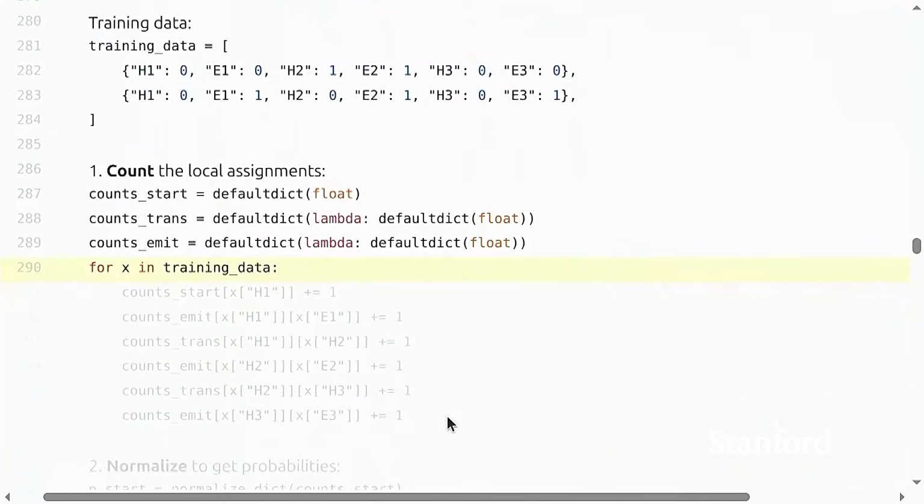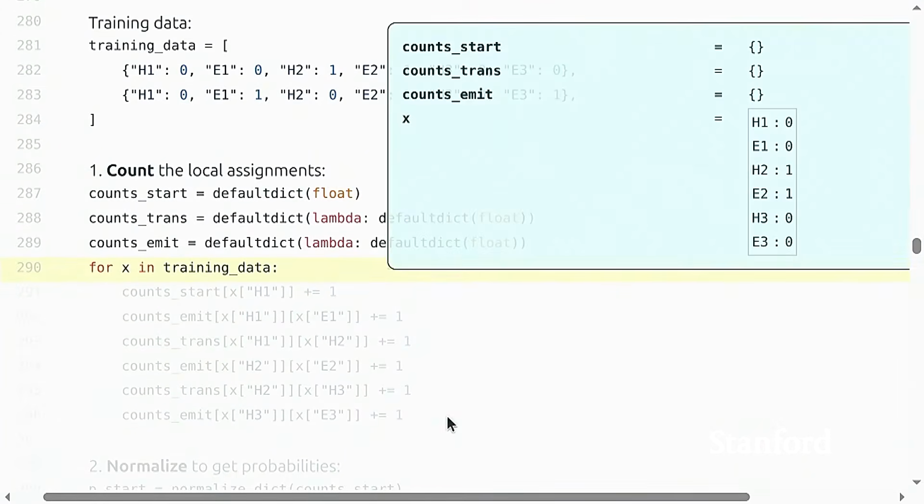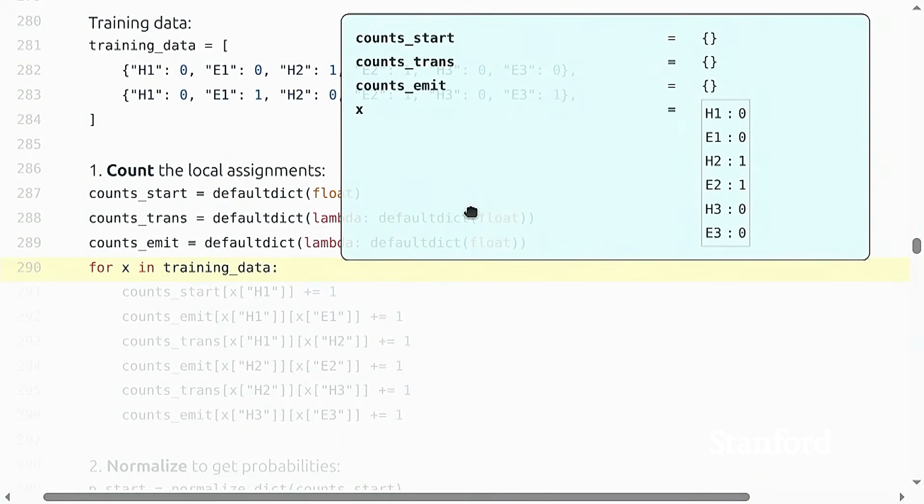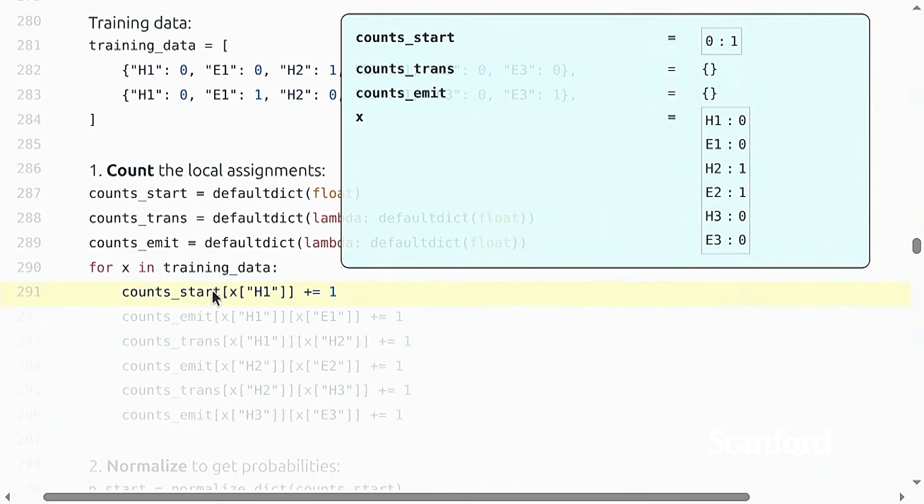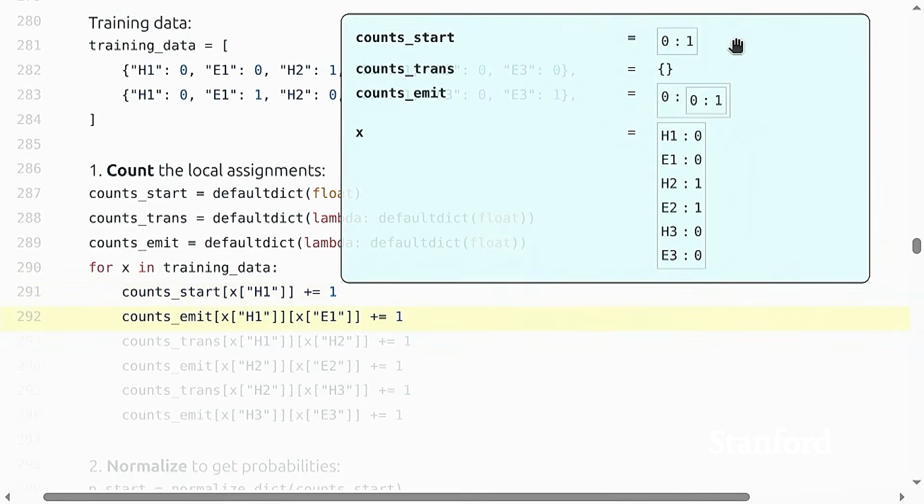So then, how do I count? I go through my training data. For the first sequence, I count. H1 is associated with start, so I update. Okay, so H1 is a 0. That gets incremented by 1. Emit: H1 and E1, those are 0, and I add 1 here.